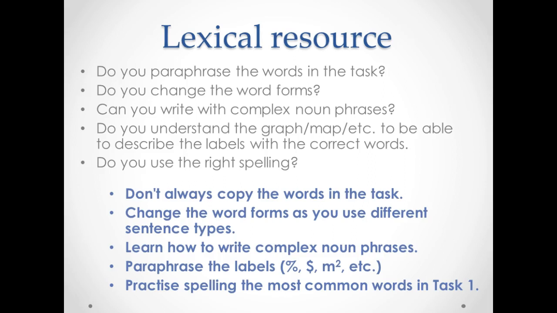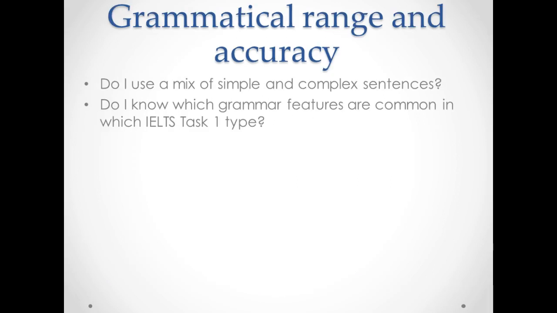So we've dealt with task achievement, coherence, and vocabulary. What was the last one? Grammar. How do you make the examiner happy? You use a mix, a variety of simple and complex sentences.